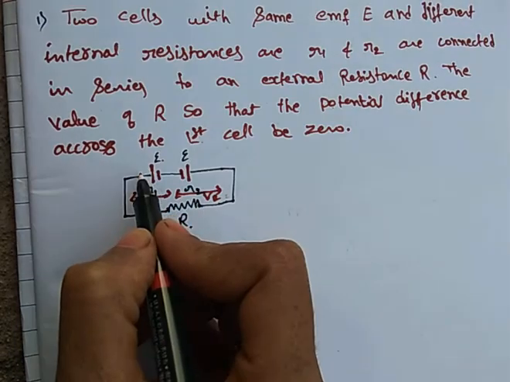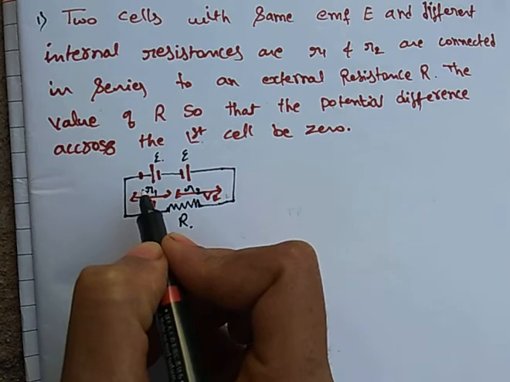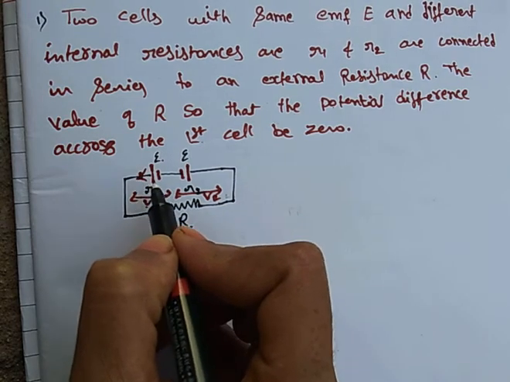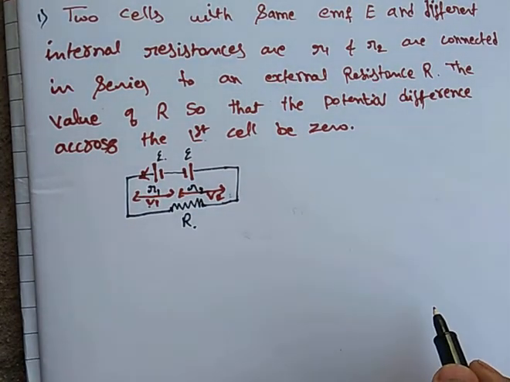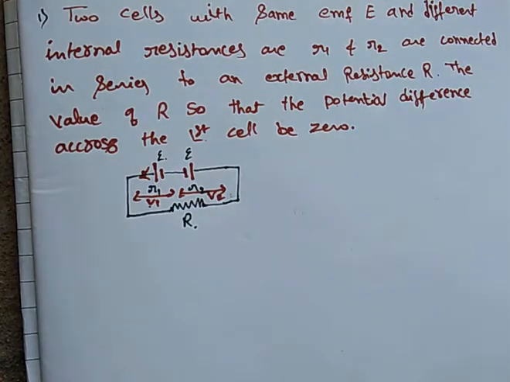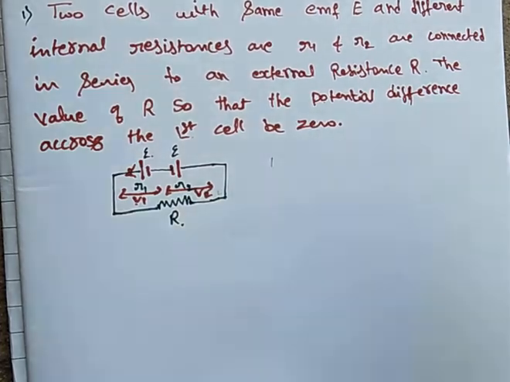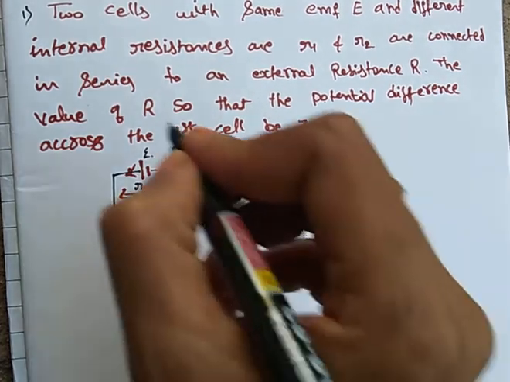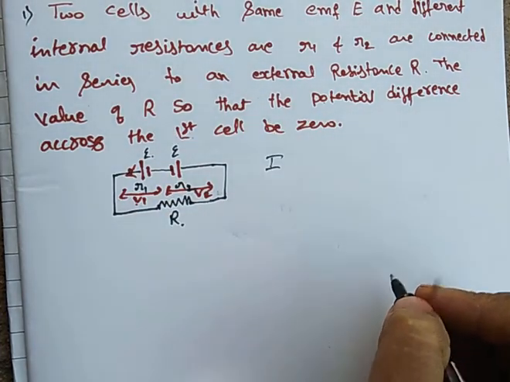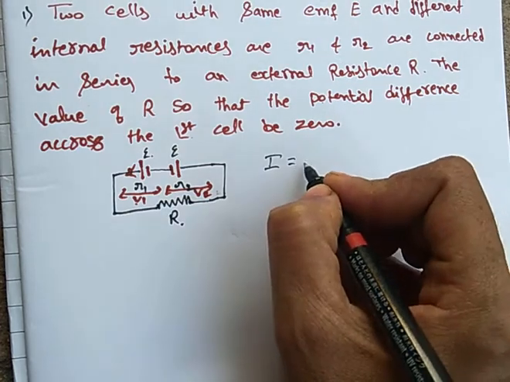The current through the circuit will be constant, so we have to calculate the value of I. Current in the circuit is I equals V by R.